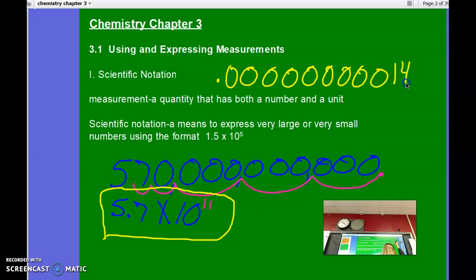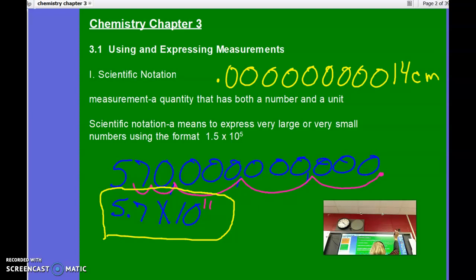Again, I'm sure this is totally not accurate, but I'm just using this as an example. So this would be my bacterial cell size.